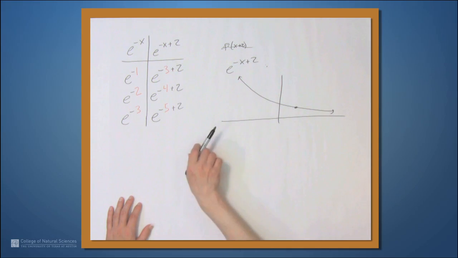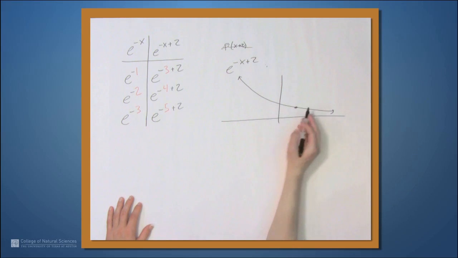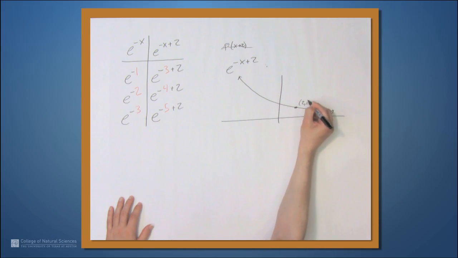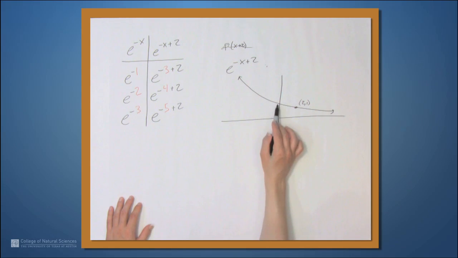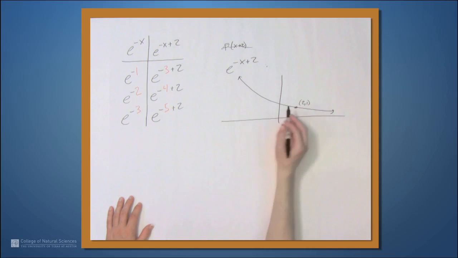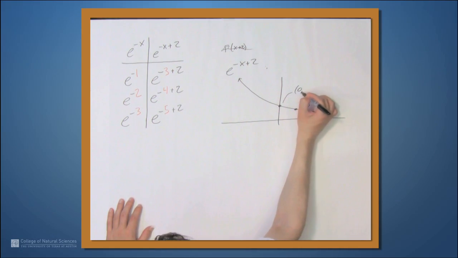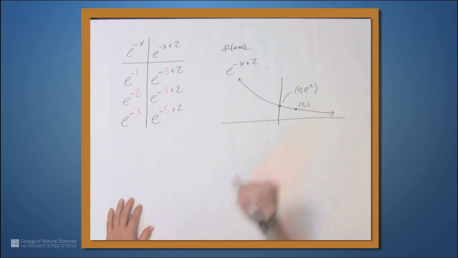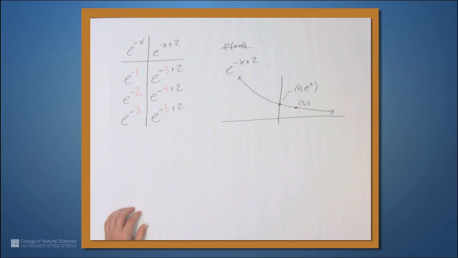We've shifted to the right by 2, so the point that was 0, 1 is now 2, 1. And let's just make a note of our new y-intercept. If we plug in x equals 0, e to the negative 0 plus 2 is e squared. So this point is 0, comma, e squared. Same asymptote, though. The asymptote is still the x-axis.